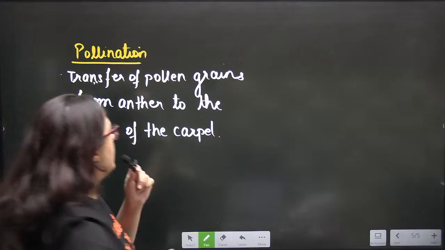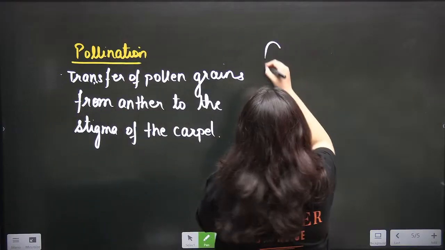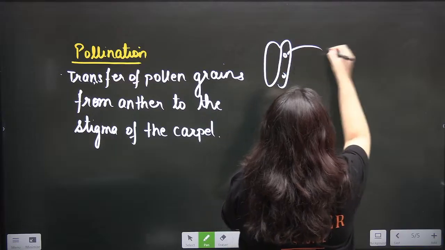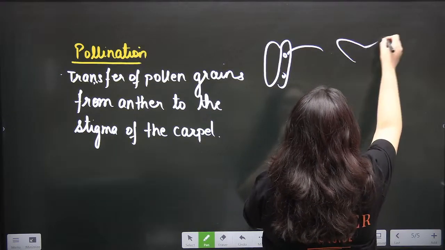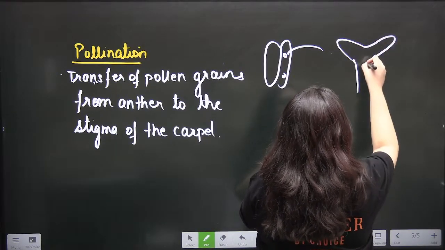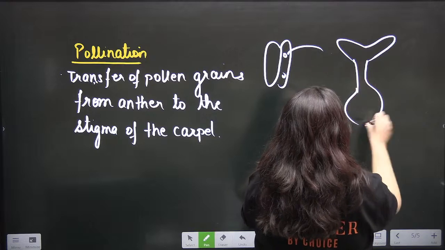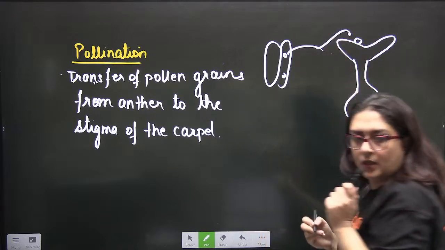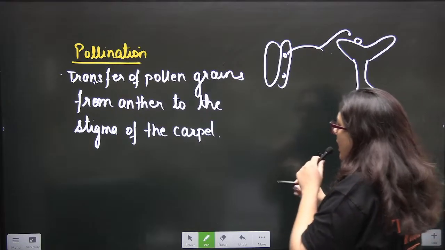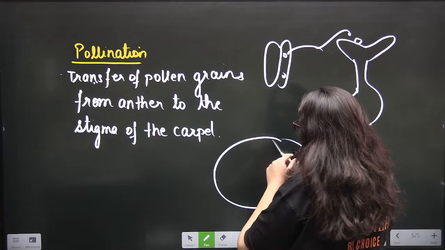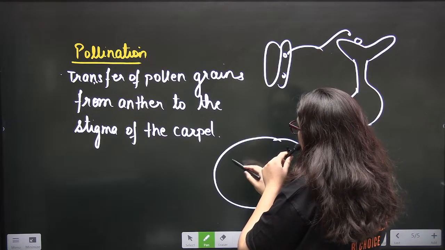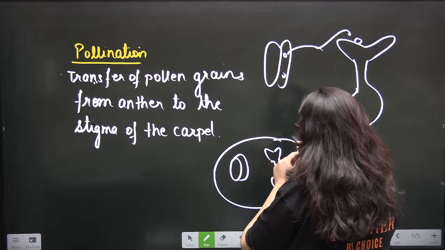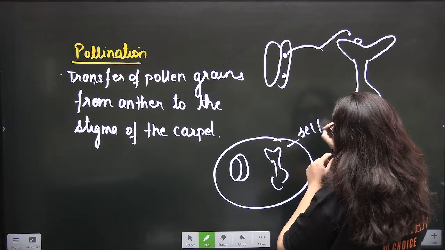Now this is your anther, and the pollen grain is transferred to the stigma. If in the same flower male and female both are present, then this is self pollination.